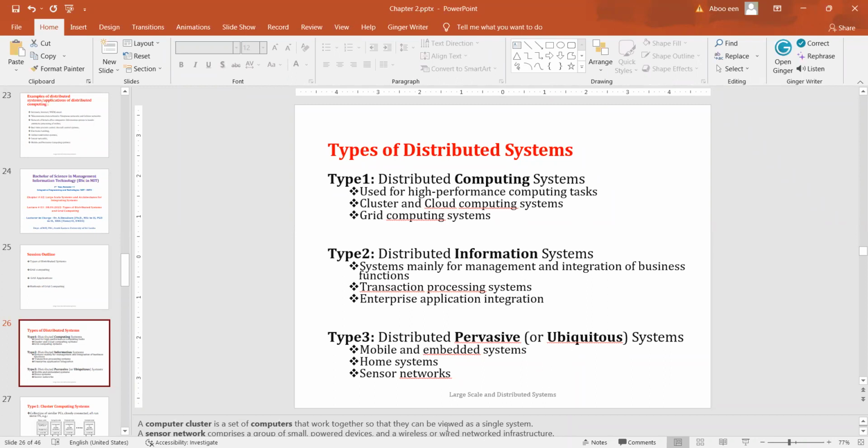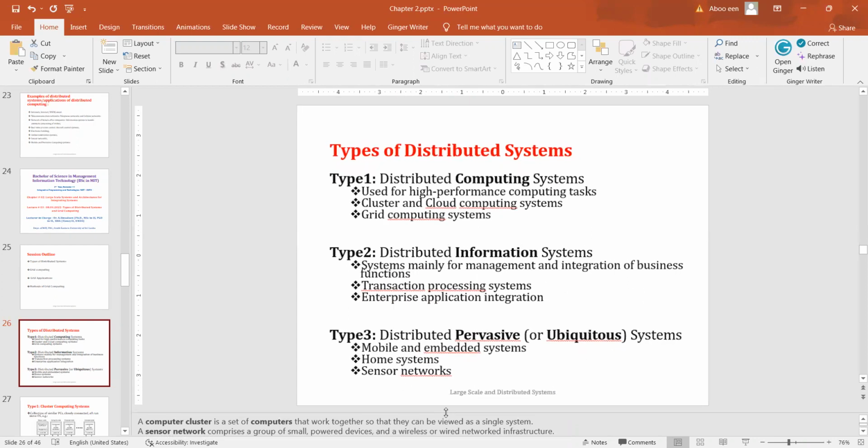Under the third category, sensor network. Any idea? Sensor network? Basically, a sensor network is a collection of devices, and these devices are connected through wireless or wired infrastructure, and they work to transfer data and information.